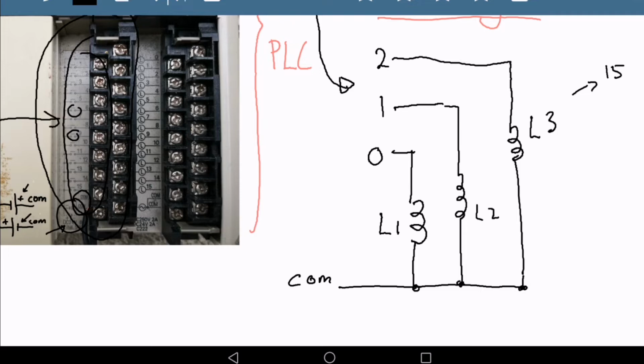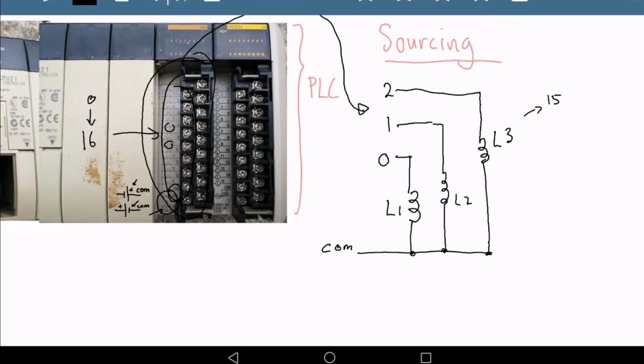Now, okay, sourcing. What is that sourcing all about? Remember your relays, how relays work. To energize relays or any other load, like bulbs, you need a power supply.